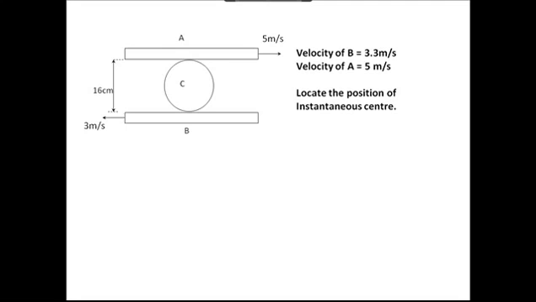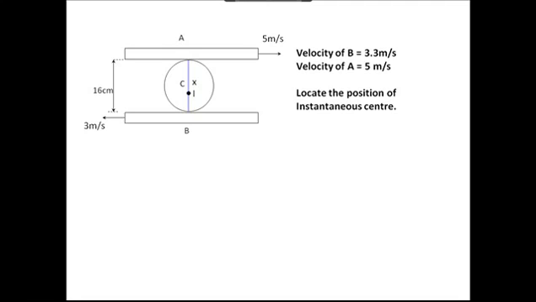All I know now is the direction of velocity at A where the cylinder touches the upper plate, and direction of velocity of B where the cylinder touches the lower plate. So the instantaneous center has to lie on the perpendicular line to this velocity.